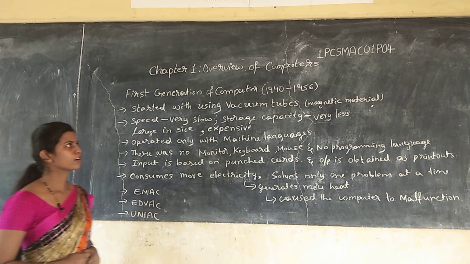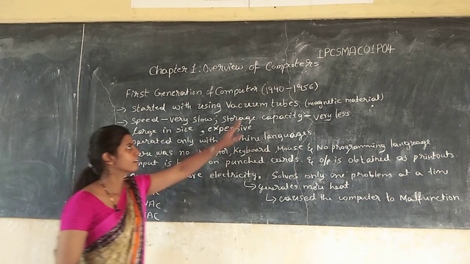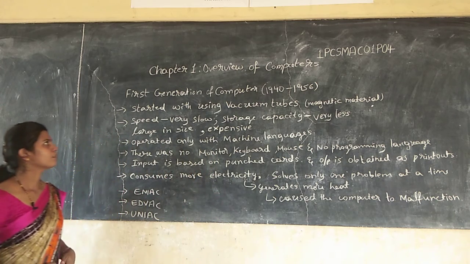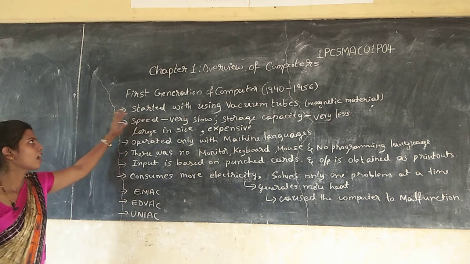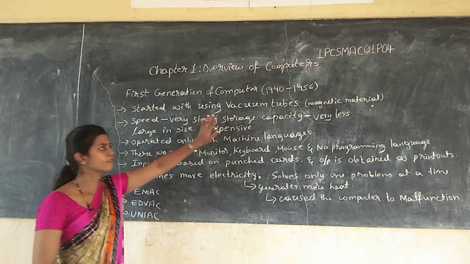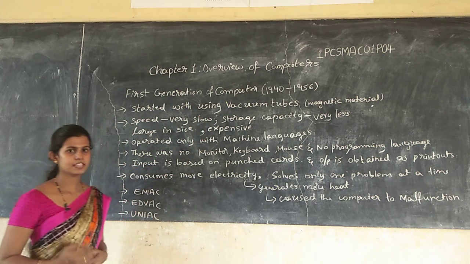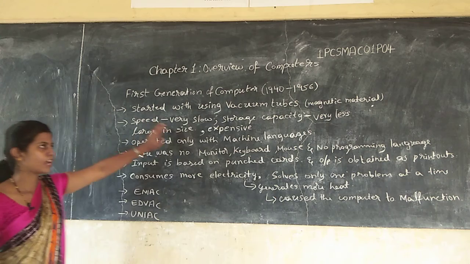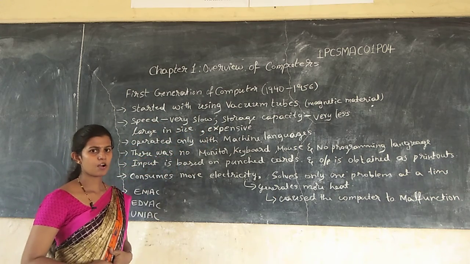The first generation of computers were developed in the year 1940 to 1956, and they started with using vacuum tubes as a basic component.